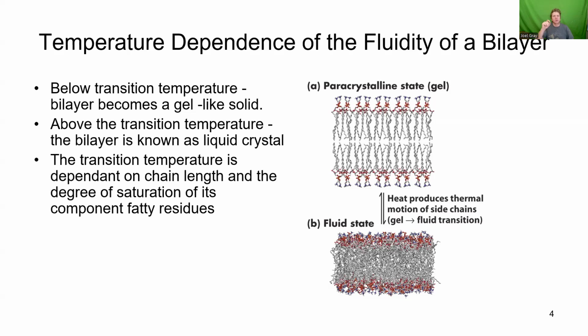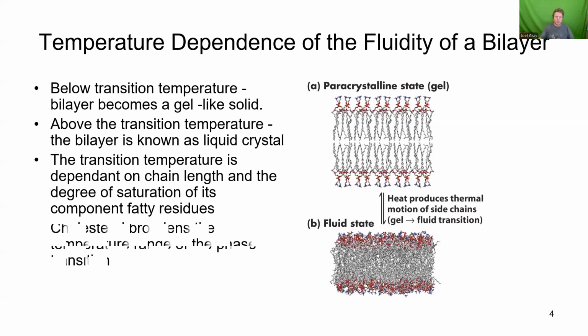If you did a plasma membrane analysis of any muscle tissue of a polar bear versus a mockingbird, you're going to see a difference in the fatty acid chain length. I would imagine that polar bears would have a higher percentage of unsaturated fatty acids in their membranes, whereas mockingbirds are going to have a greater percentage of saturated fatty acids because those are going to be a little bit more rigid.